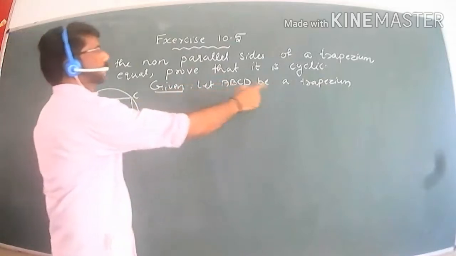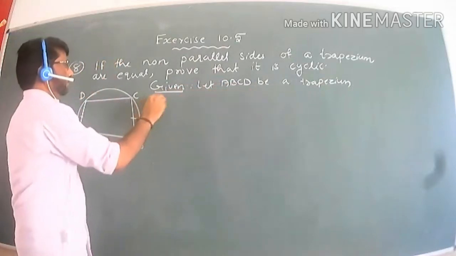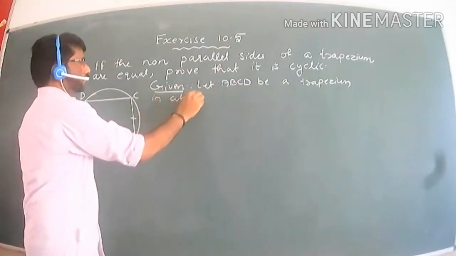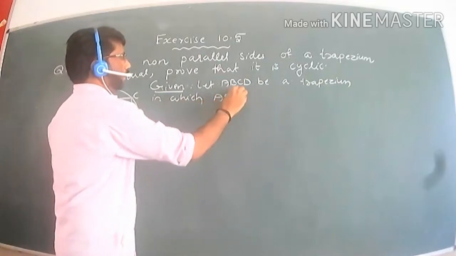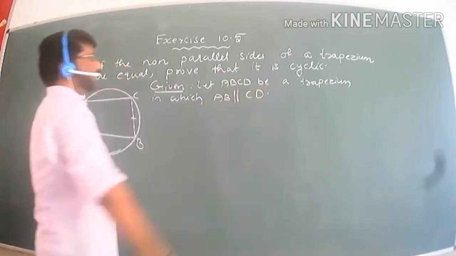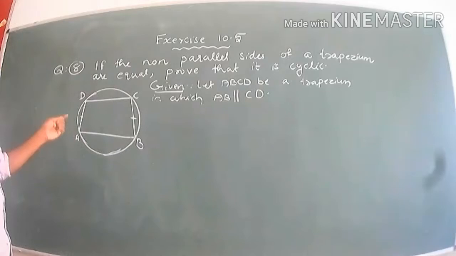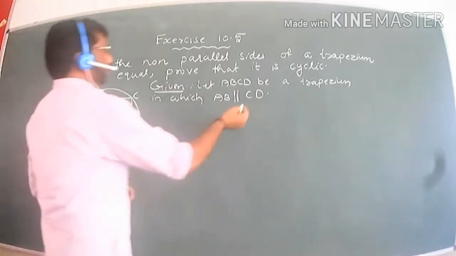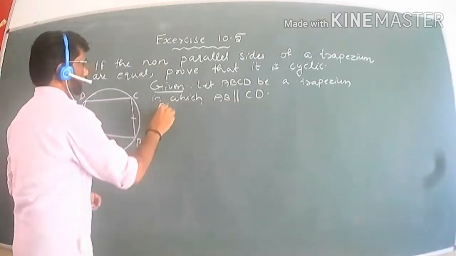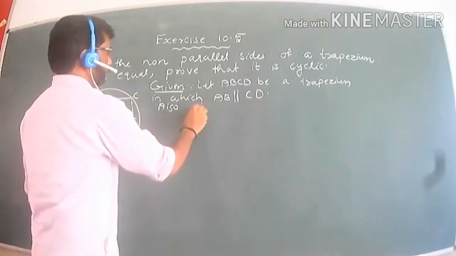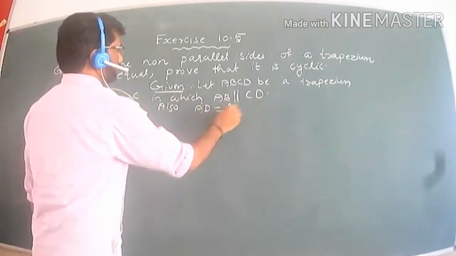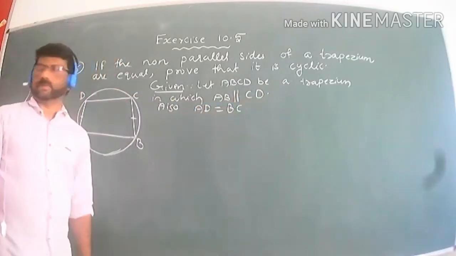So let ABCD be a trapezium in which sides AB parallel to CD. AB and CD are parallel. Also given that non-parallel sides AD and BC are equal. AD equal to BC. These are the things given.